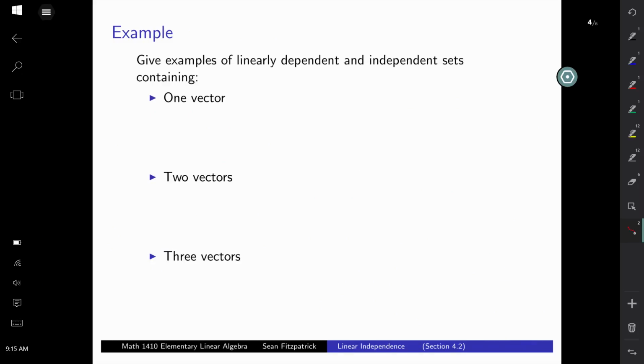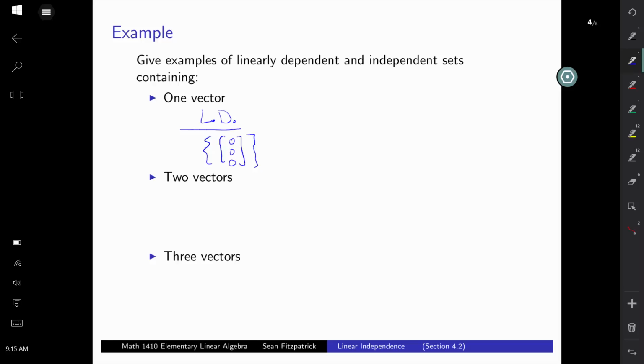So examples of dependent and independent sets containing one vector. Linearly dependent: there's only really one example I can write down, and that's the set containing nothing but the zero vector, right? If the zero vector is in there, that set is automatically dependent.